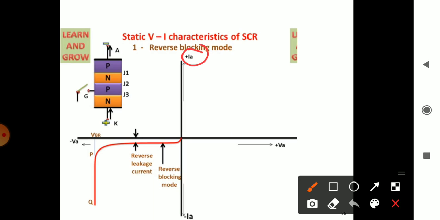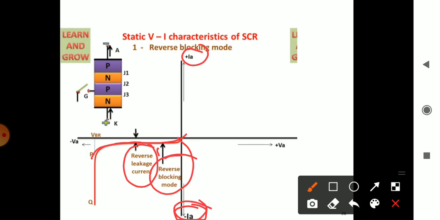This is positive I and this is negative I. This small reverse current, minus IA, is our reverse leakage current, and the mode of operation is the reverse blocking mode.